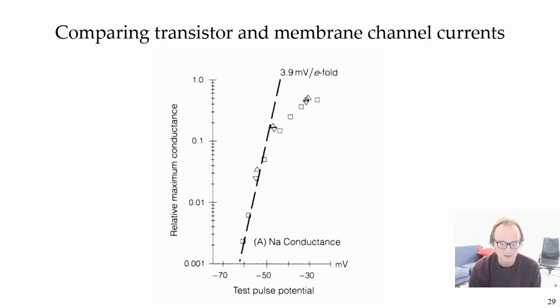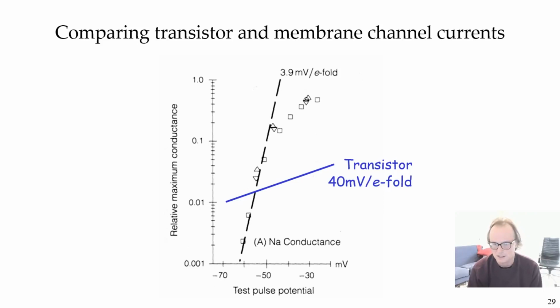But it is an exponential like electronics. If you measure a transistor, gate, drain current versus gate voltage, you get this exponential too. And you guys will all understand all about that. But you see that the transistor takes about 40 millivolts on the gate to change the current by 1 e-fold. So it's about 1/10 as steep.